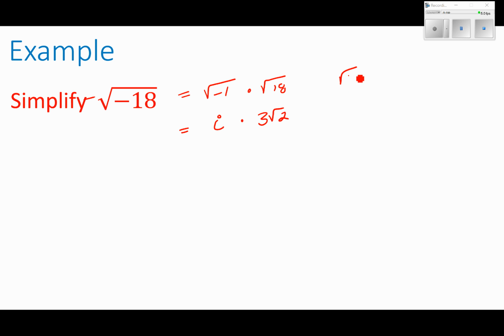Because remember, square root of 18, I could simply write that as square root of 9 times 2, which is square root of 9 times square root of 2. Square root of 9 is 3, so 3 root 2. So make sure you're in the habit of breaking these down as far as possible. Proper mathematical notation to write this now, we will write 3I root 2.